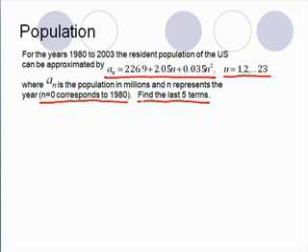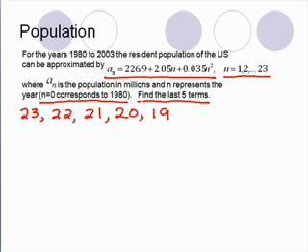So let's start off by identifying what the last 5 terms are going to be. 23 is the last term, then 22, 21, 20, and 19. So 1, 2, 3, 4, 5, the last 5 terms. Okay, let's start off with finding a_19. So that'll be the 19th term.